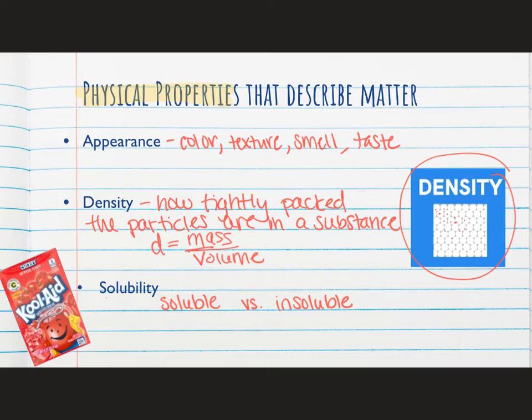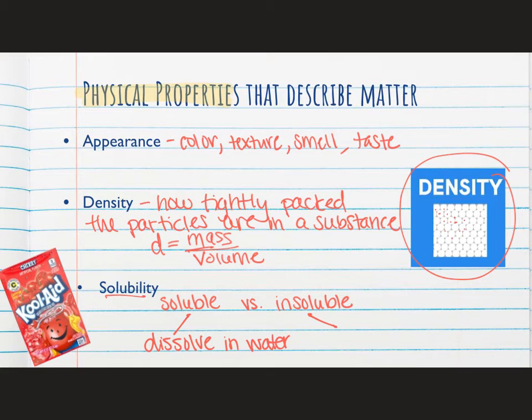Another physical property is solubility. Again, that's solubility. So sometimes we say that when we describe properties, we say that they're soluble or insoluble. So things that are soluble, they will dissolve in water. So you should have seen this in the lab that you did before. Things that dissolved in water, we call those soluble.